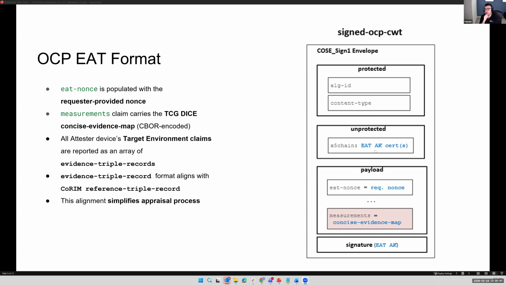This is a very good question. It's the key enveloped by the X5 chain certificate that signed the envelope. With this package, you have in the unprotected portion of the header, the unsigned portion of the data structure, a certificate chain or at least the signing key certificate which signed it. You either have a certificate chain that can authenticate this AK cert or, in the best case, a trust anchor, just a root CA that can authenticate the full chain.